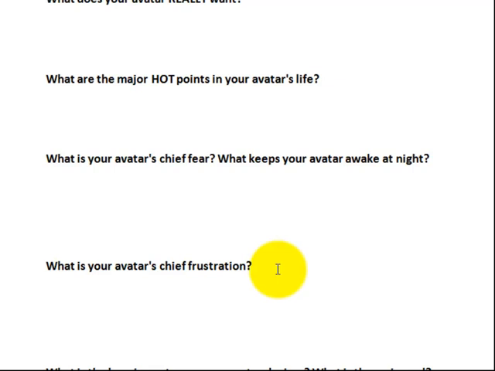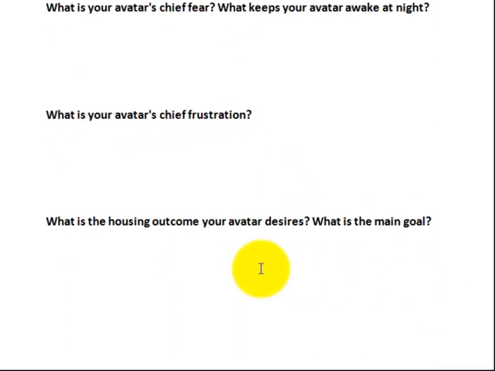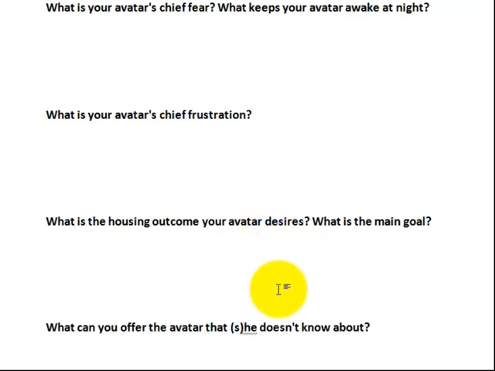When it comes to real estate and housing, what is your avatar's desires? What outcome are they looking for? What is the main goal that your avatar has in a quest for housing?